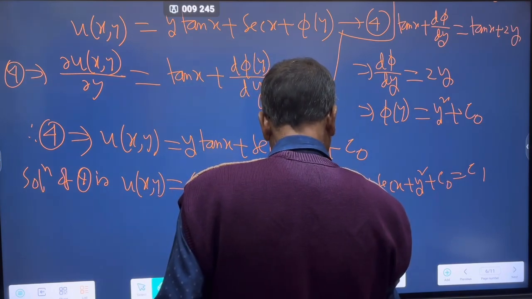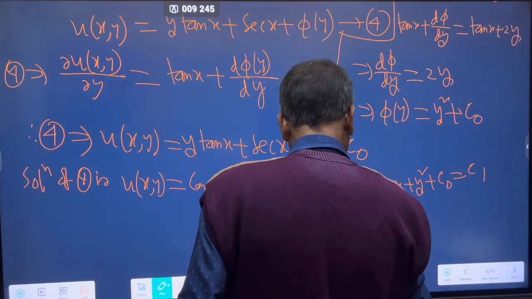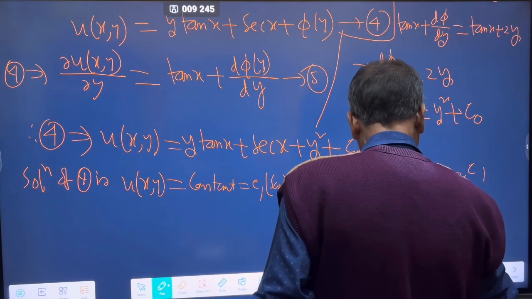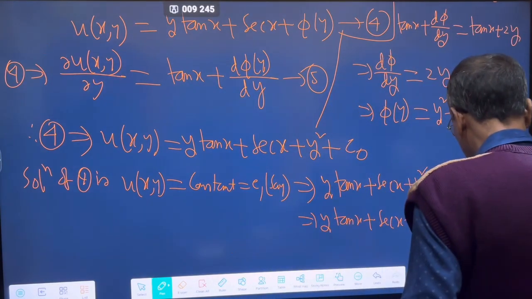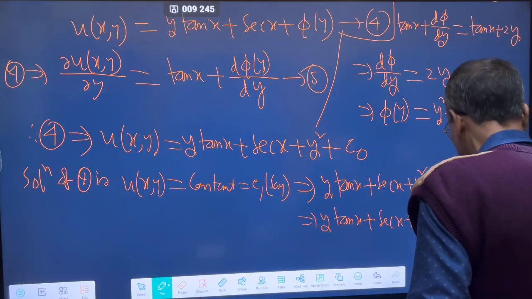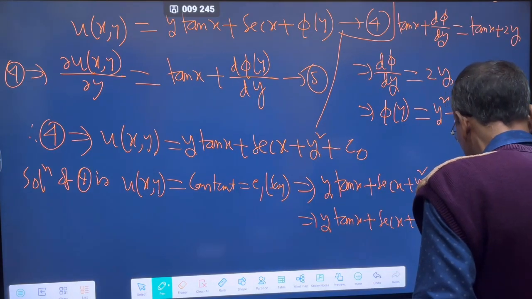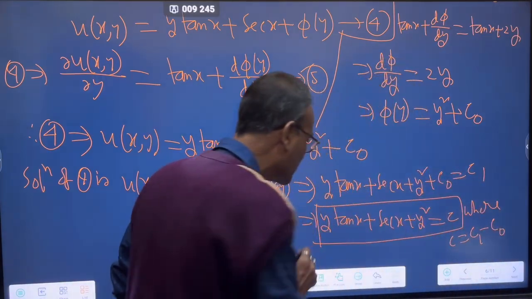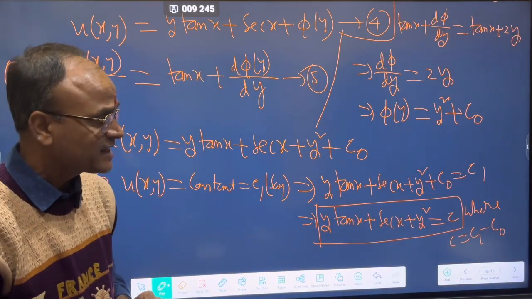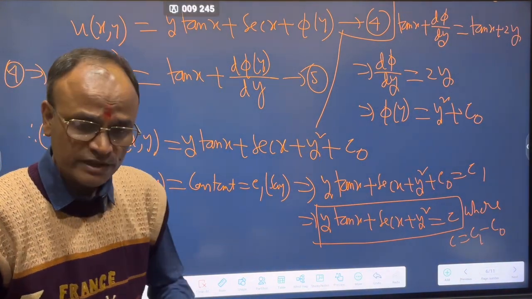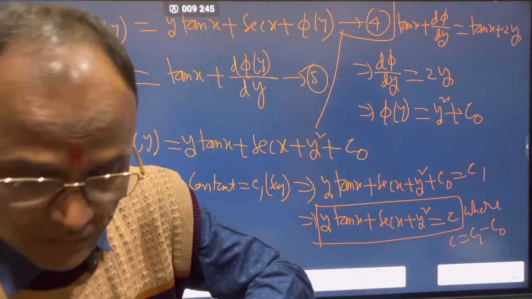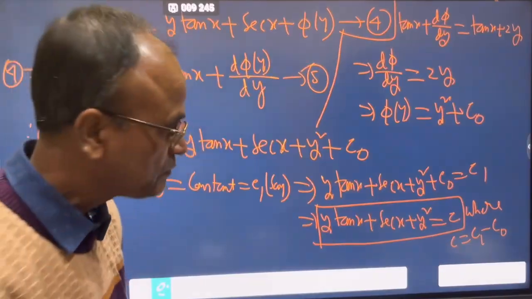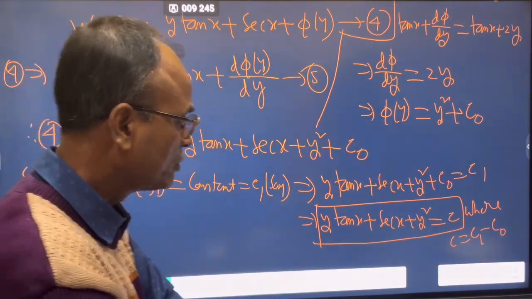This means y tan x plus sec x plus y square equal to c, where c equals c1 minus c naught. This is the solution of the given differential equation: y tan x plus sec x plus y square is equal to c.